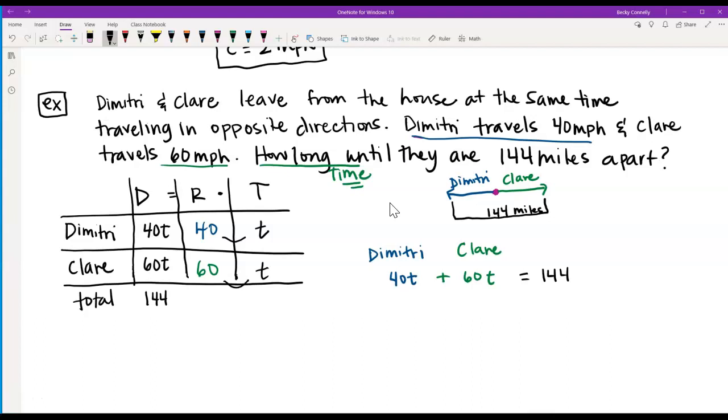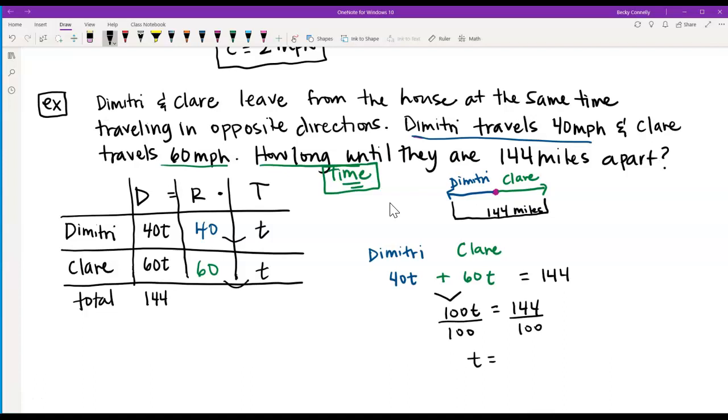Okay, well, let's go ahead and solve this for time. Remember, looking back, what I was looking for was time, and notice that t is what I'm solving for. That is the time. So if I add these together, 40t plus 60t is 100t equals 144, and then divide both by 100.